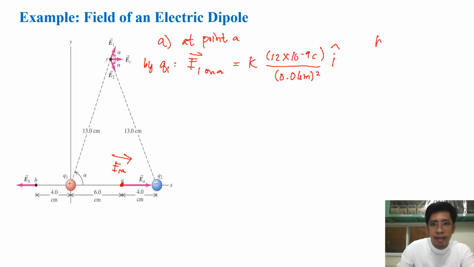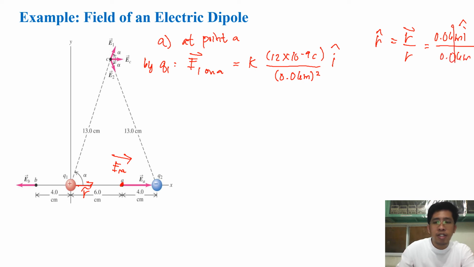Because your R hat is just your vector R over the magnitude of R. From your source to your field, your vector R is just 0.06 meters I hat, since that is just along the x, over the magnitude, which is 0.06 meters.